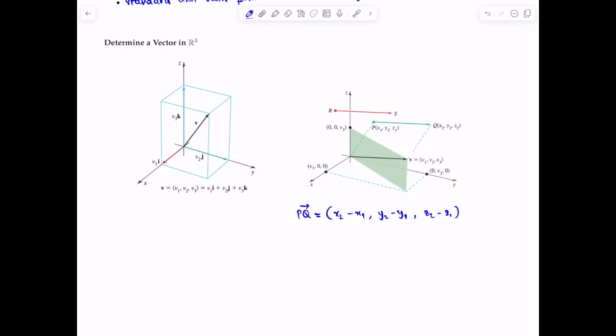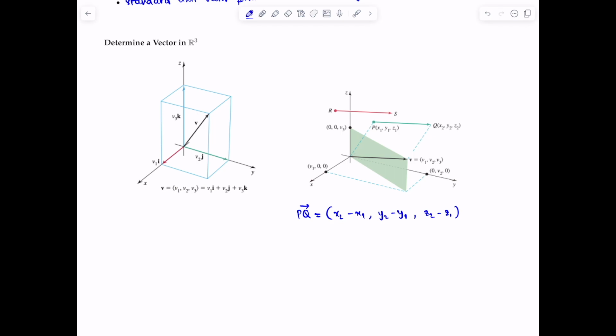In the vector PQ, P indicates the initial point, and Q, being second, indicates the terminal point.